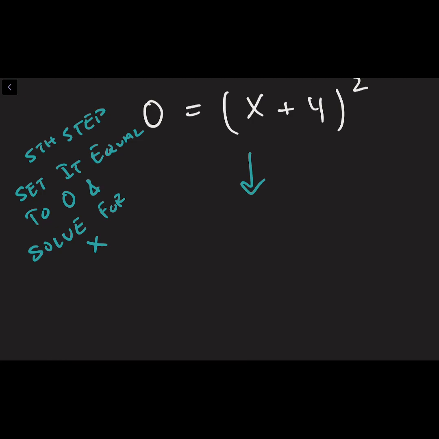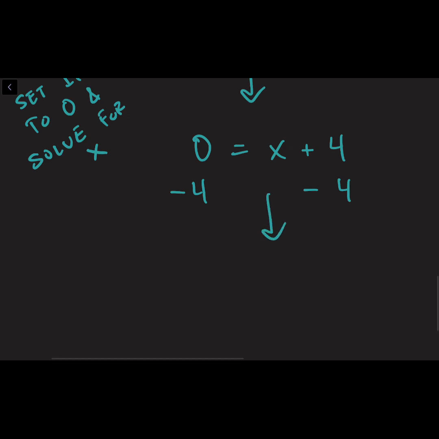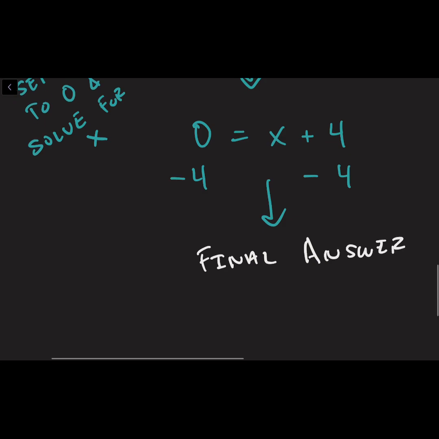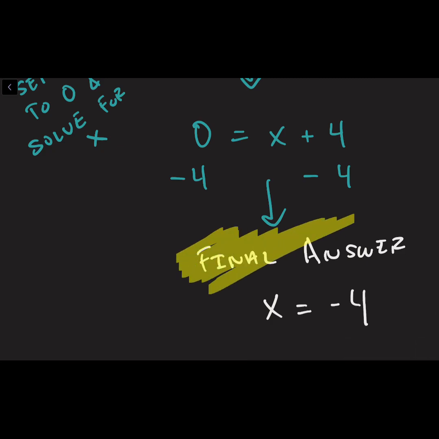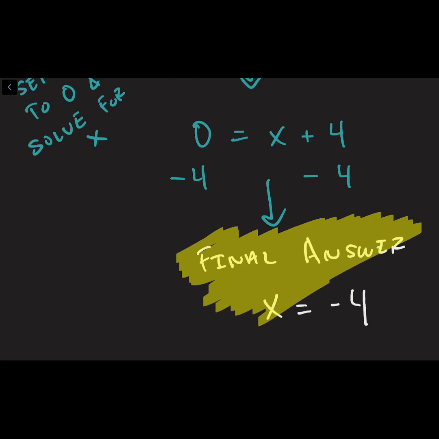Since there's two of them, we don't have to do the same thing twice. So we got 0 equals x plus 4. We're going to subtract 4 from both sides, and that gives us our final answer for this whole problem: x equals negative 4. And that's how you do a radical equation.